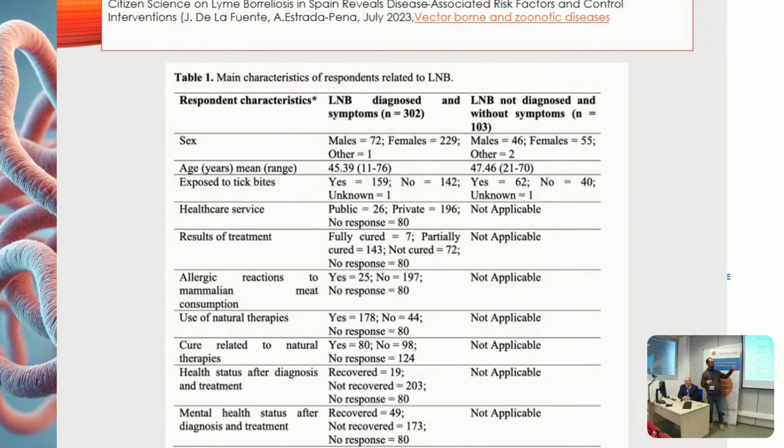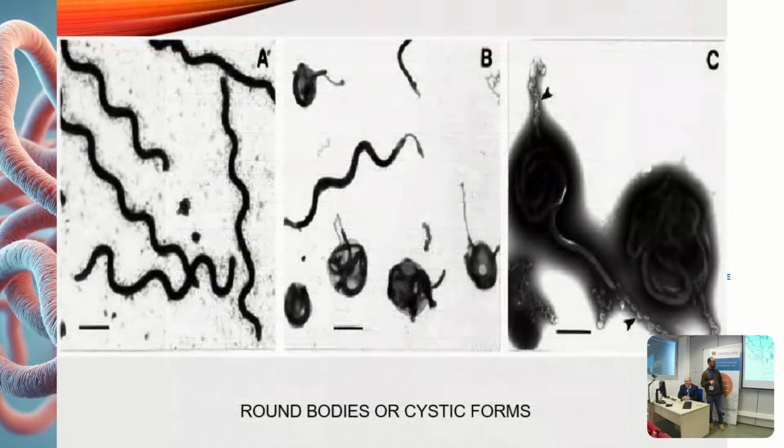It's very important, and it's very recent in Spain. So there is a problem with the official antibiotic protocol. Why is there persistence of the symptoms? There are many hypotheses, but the most probable principal hypothesis is round bodies or cystic forms with persistent bacteria and reactivation of the bacteria.